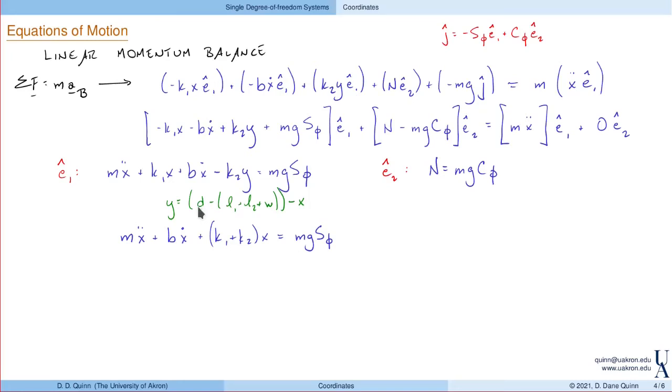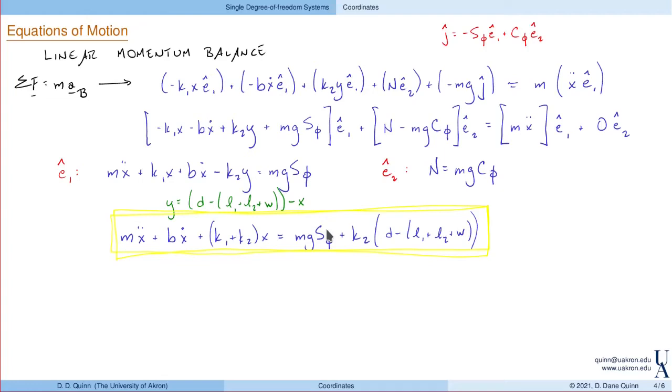And I also have a piece from this constraint equation, right? So this K2 times this term becomes K2 times d minus L1 plus L2 plus w. And this is the equation of motion for this block in terms of x. Well, if I want to solve this, I'll have a particular solution and a homogeneous solution because, of course, the right-hand side is the forcing.